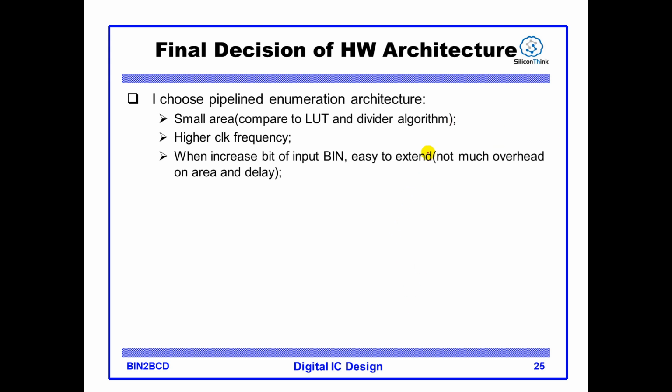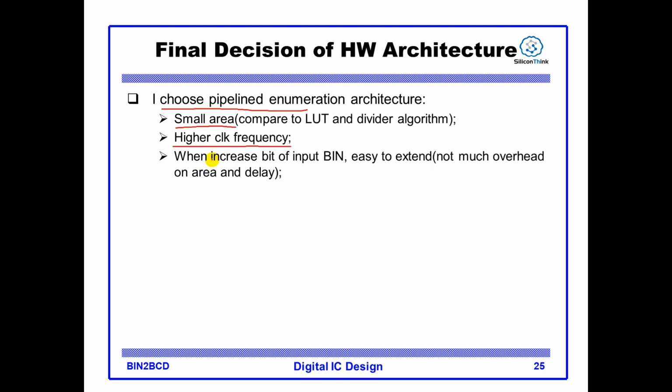Okay, we have analyzed the hardware architecture for 3 different algorithms, and I choose the pipeline enumeration architecture. I think this should be the smallest implementation within the 3 algorithms, and it should get higher clock frequency, and it's scalable.